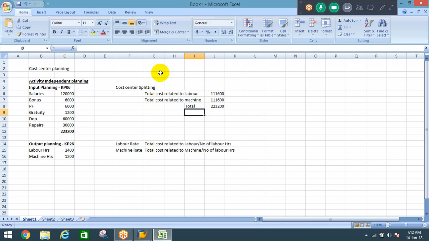So when we do cost center splitting, this will happen. And then when we do KSPA, this is KSS4 or KSS2, and this is price calculation, KSPI.